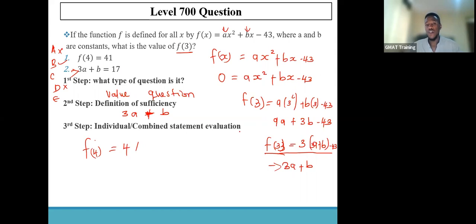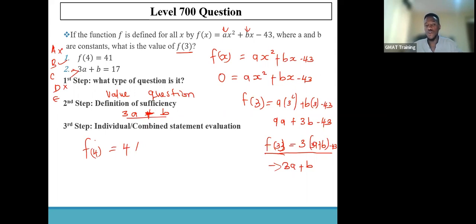However, if a student would not follow the stepwise process where you try to define sufficiency and end up with this definition of sufficiency, where you're saying 3a plus b is the definition of sufficiency, a statement that gives us this value would be a sufficient statement.